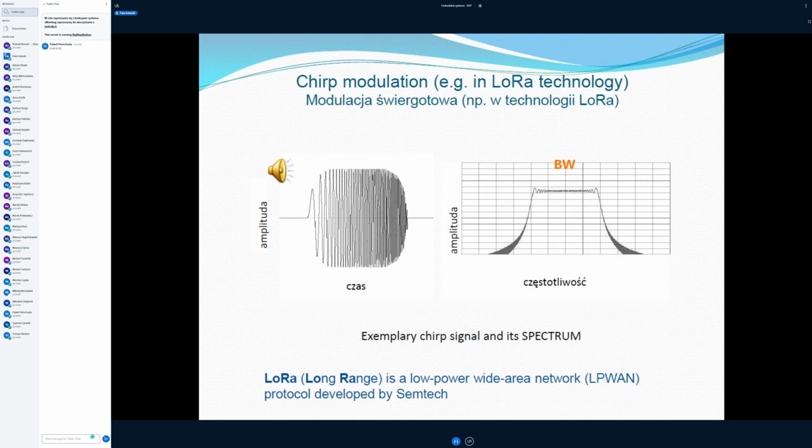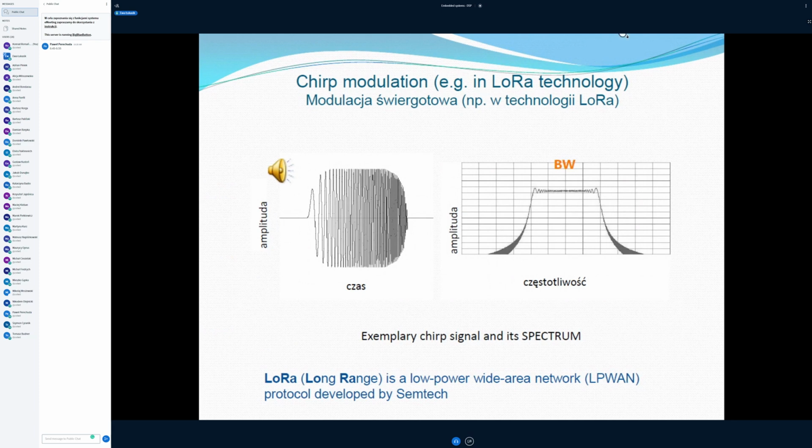What is chirp? In Polish it is świergot, modulacja świergotowa. One of the students asked me why it is called świergotowe, why it is called chirp. What is a chirp?